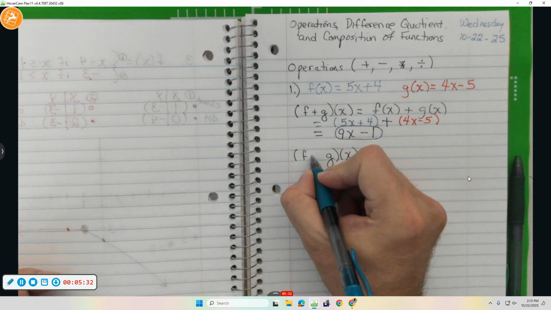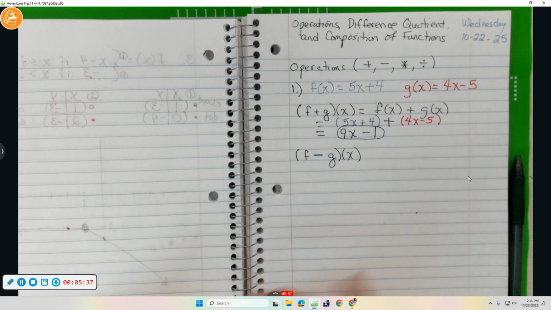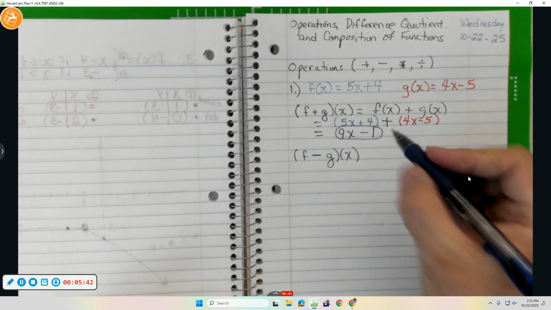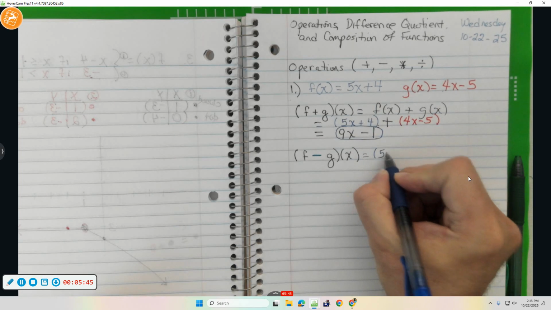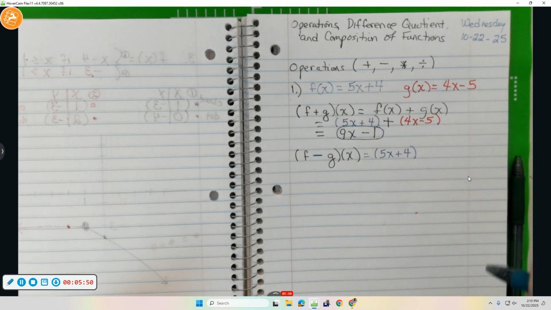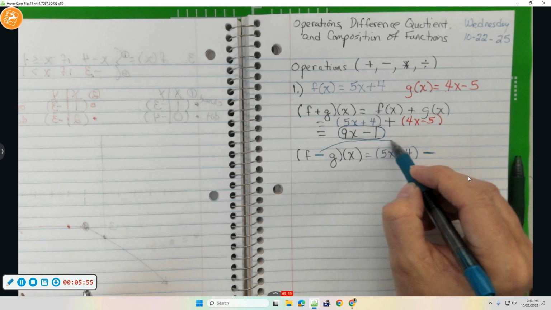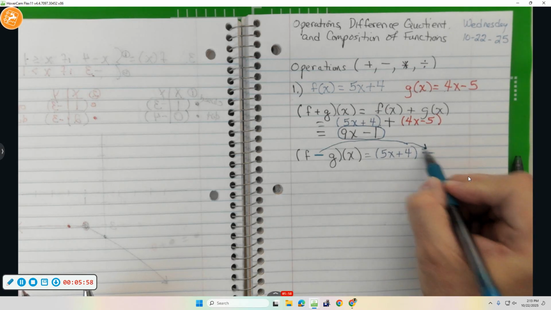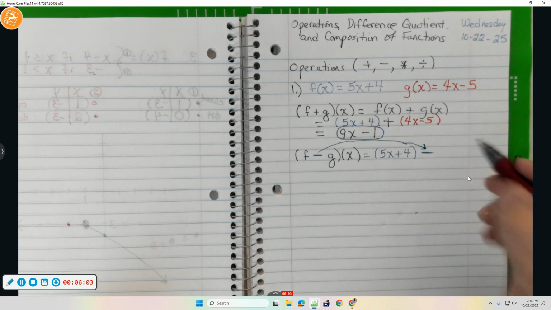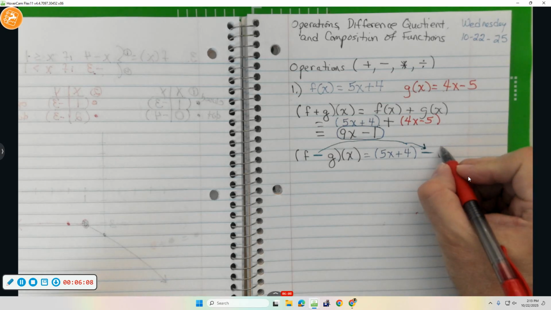We'll get all these answers and then we'll type them in. F minus g of x. That just means write down your function f and subtract g.